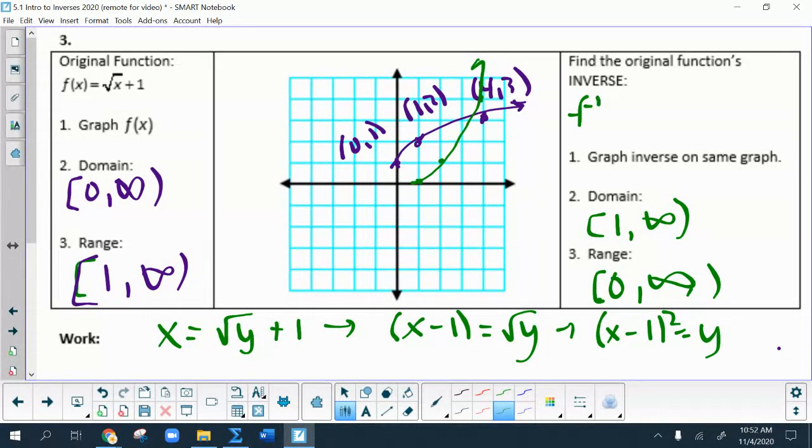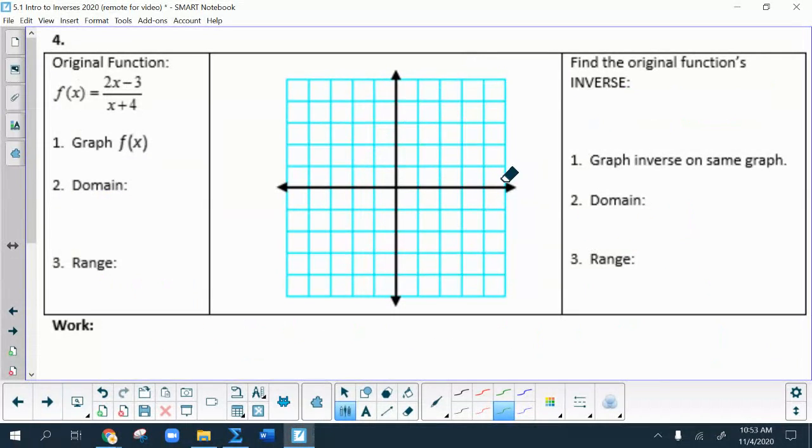So my inverse is x minus 1 quantity squared. But if I did just find the inverse, I might not realize that I have this domain restriction because of it being created from the square root function. The only way a squared function has an inverse is if it had a restricted domain when you started. All right, next one.